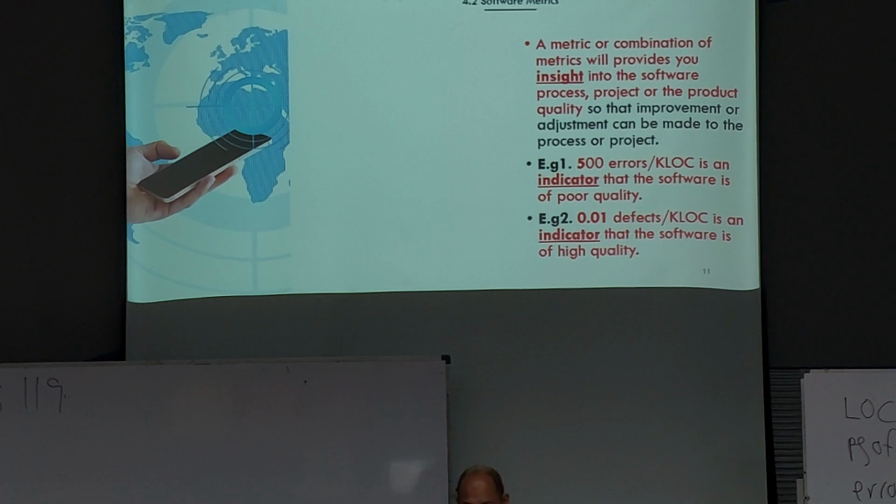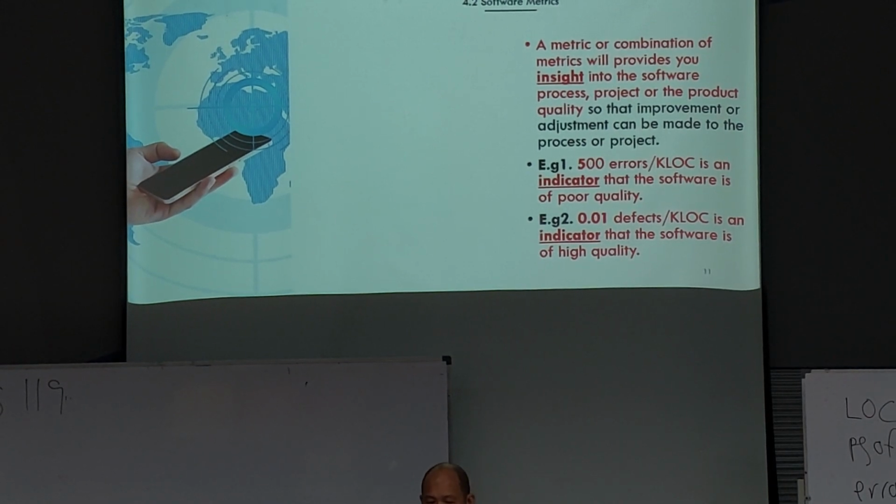For example, here the number gives you the indicator of whether the software is of poor quality or of high quality.